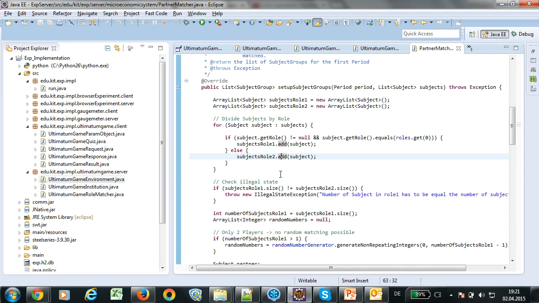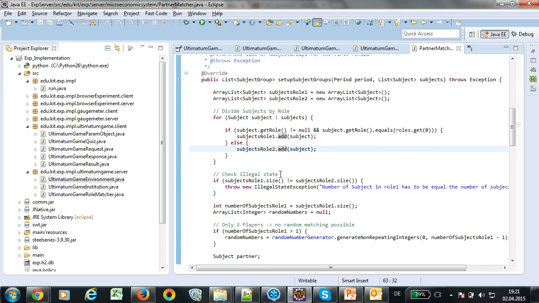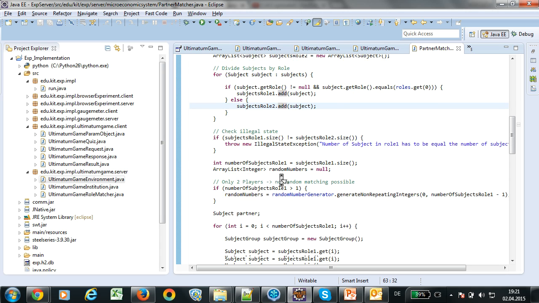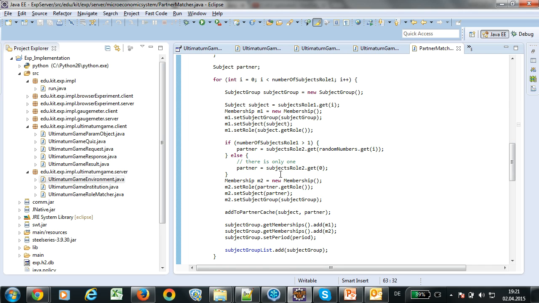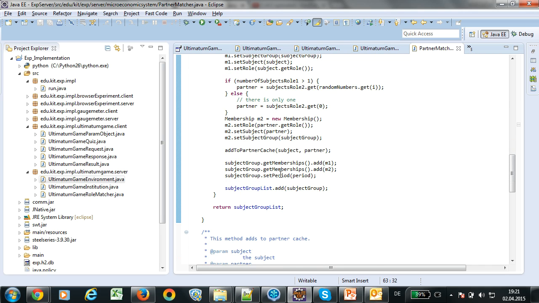In this case, the logic is rather simple. Basically, people are divided into groups depending on their roles. Depending on the roles, they are put into different groups and then they are matched as being in one particular group. Okay, and there is also some logic here to maintain history of partner matches, to make sure that people are not matched to the same group once again.